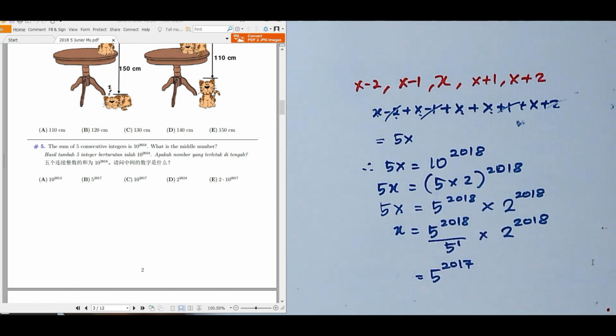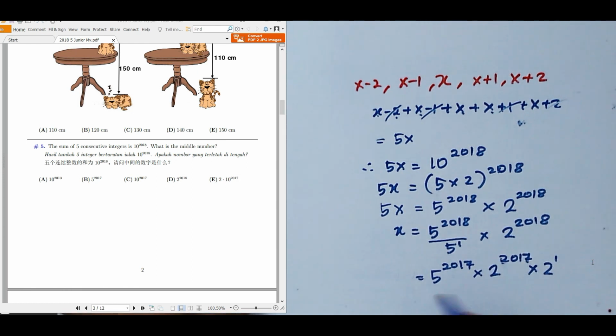Then I can rewrite 2 to the power of 2018 as 2 to the power of 2017 times 2 to the power of 1, correct, 2017 plus 1 is 2018.